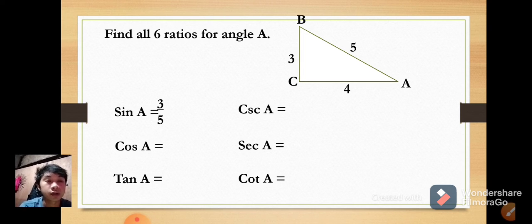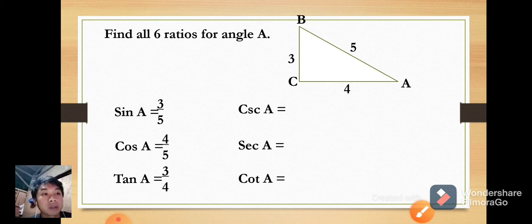Our adjacent is 4 and our hypotenuse is 5. So we have 4 over 5. For tangent, tan is equal to opposite over adjacent. So we have tan A is equal to 3 over 4.